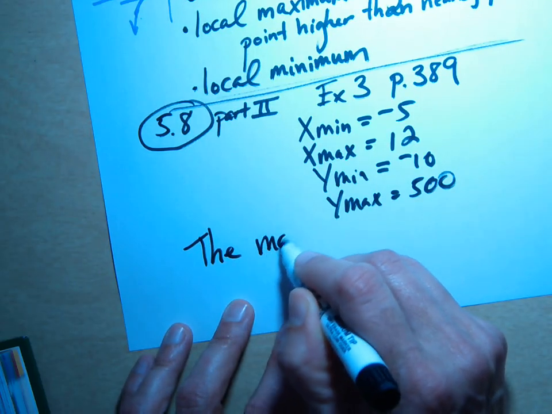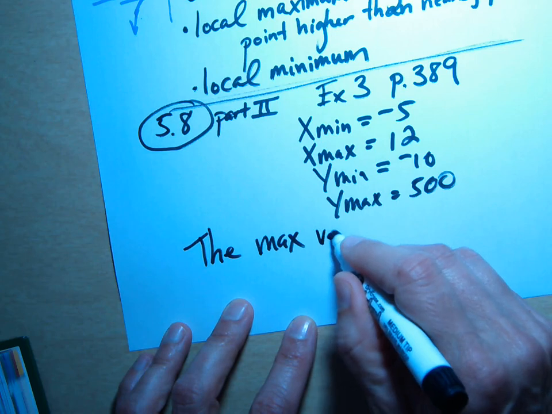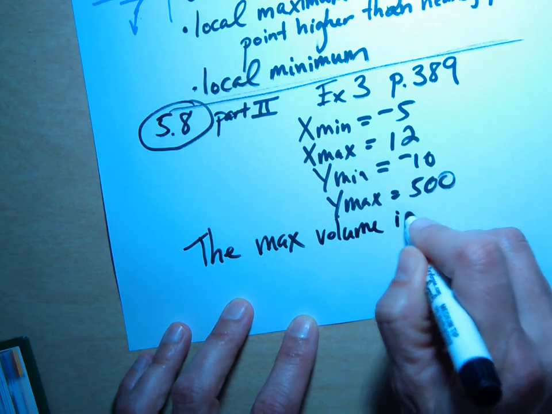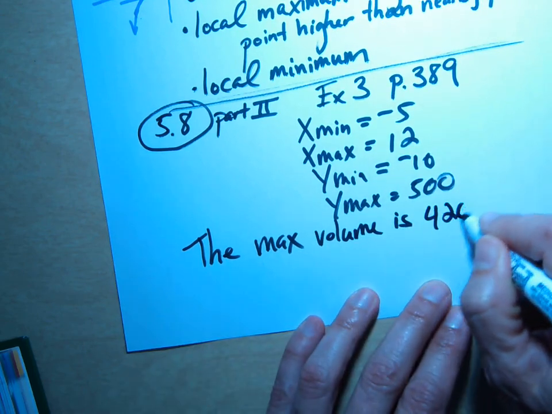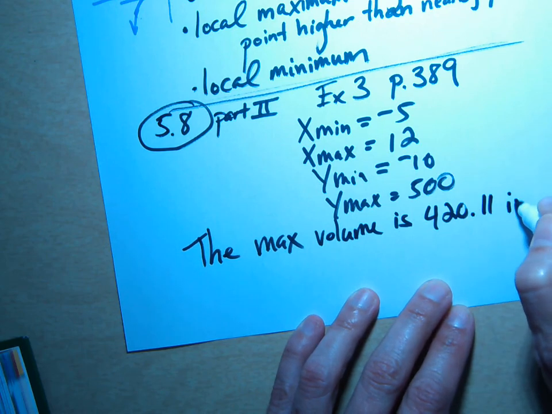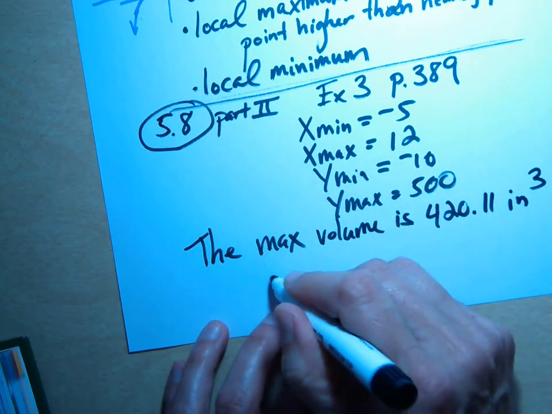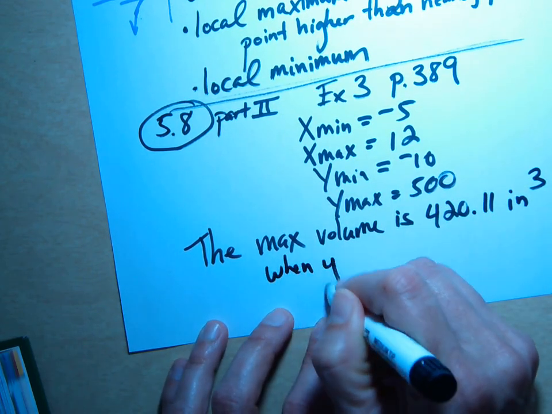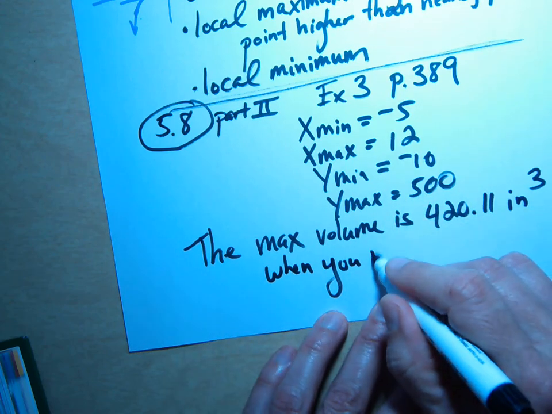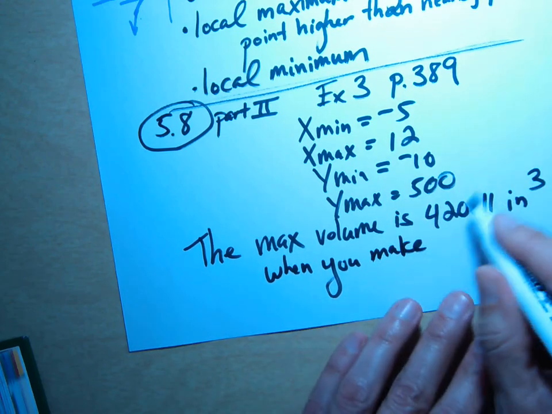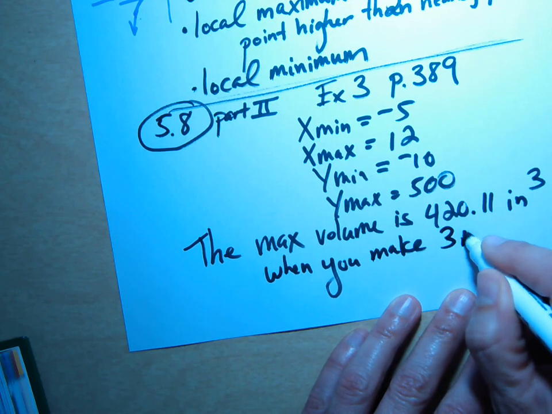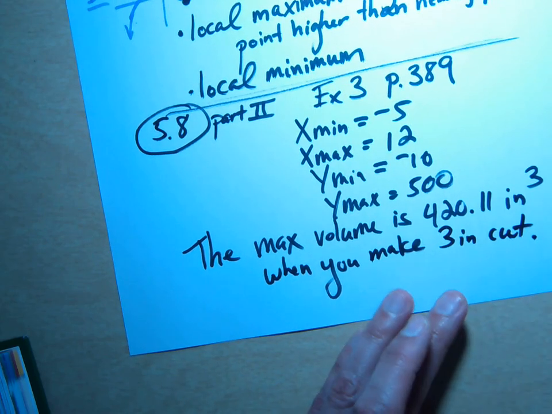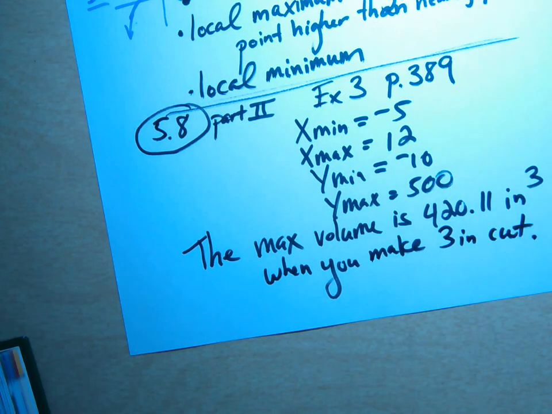So the maximum volume is 420.11 inches cubed. Make sure you have units. When you make a 3-inch cut. And you'll get to practice a couple more of these in today's assignment.